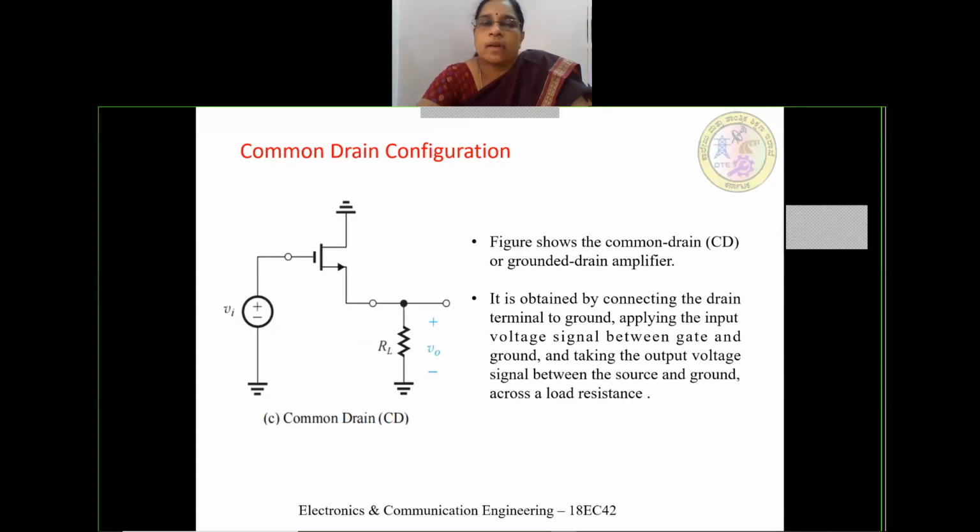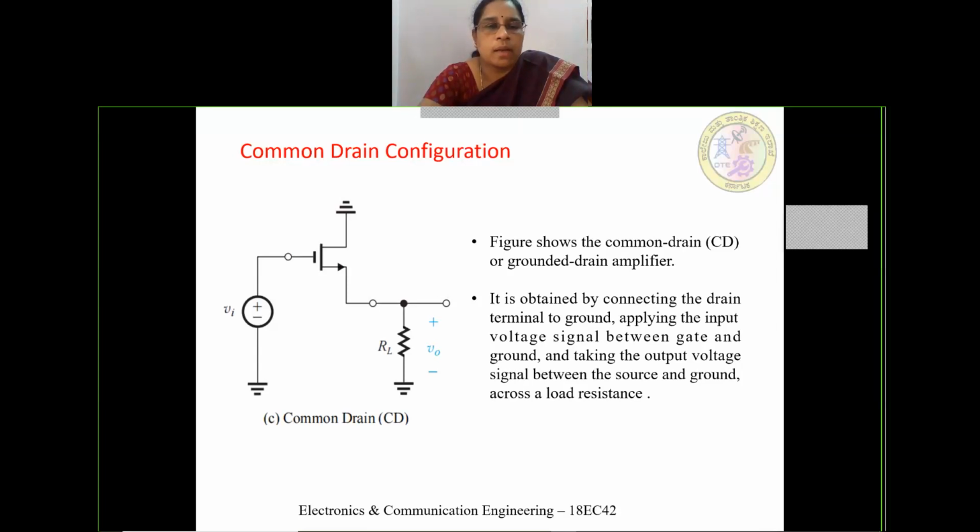Next we have obviously the last one, that is common drain configuration. Here the drain terminal acts as common terminal between input and the output. In this case input is connected to the gate terminal as in the circuit diagram. So Vi is the input connected to gate. The drain is grounded, and the remaining terminal is the source.